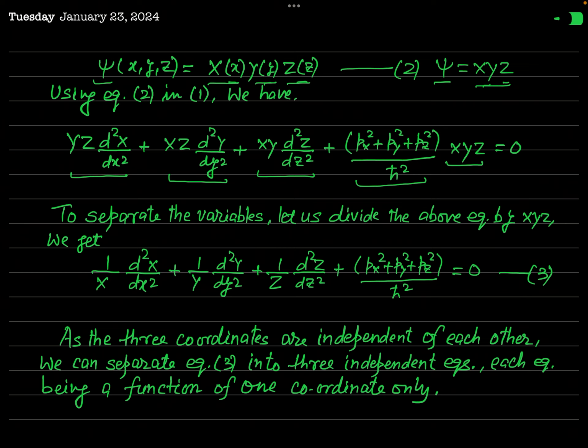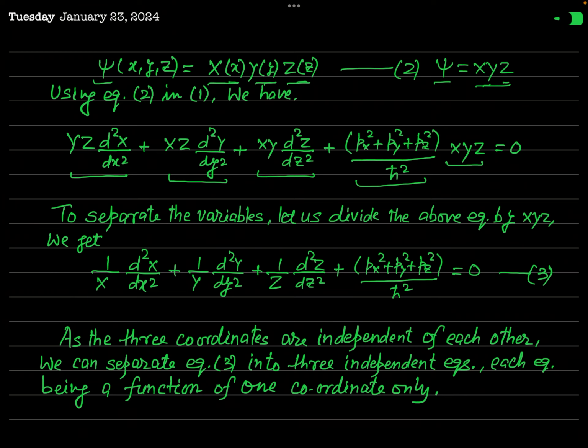Now you can see in this equation the variables are not separated, because in every term the functions of x, y and z are present. Capital X, capital Y and capital Z are present in the first term, second term, third term and also the fourth term.